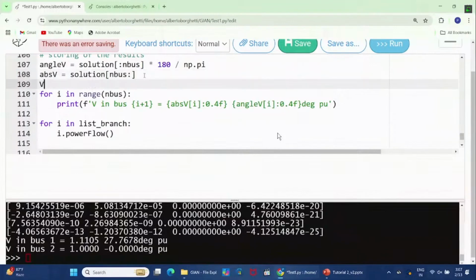So we define here a voltage array equal to np zeros with the number that is n bus.